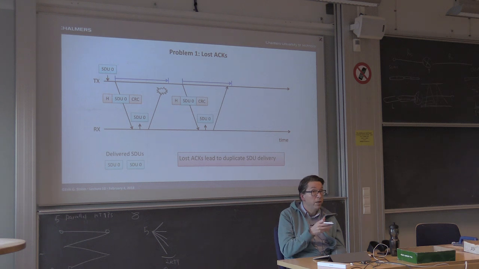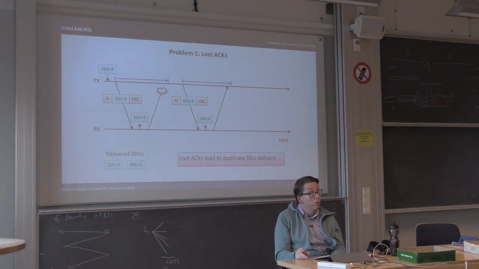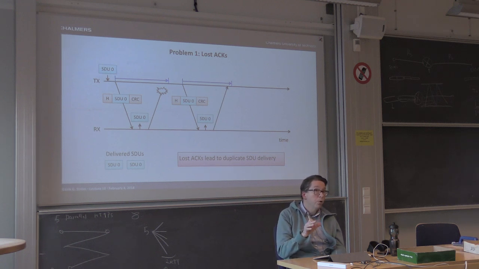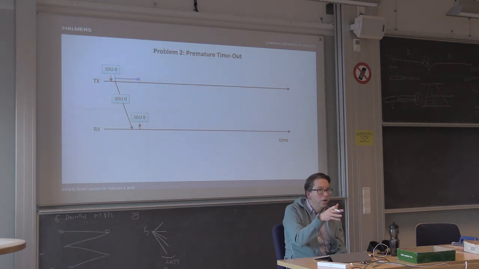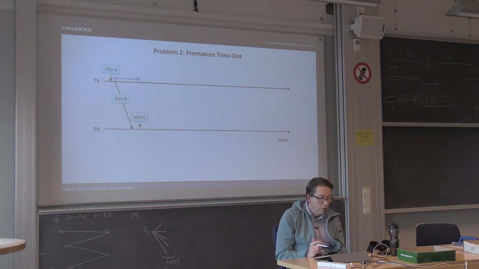Maybe there is a completely legitimate reason to have exactly the same service data unit twice in a row, right? You don't know. And as a matter of fact, a protocol should never rely on the content of a service data unit in order to do its job. Okay, so that's a fundamental rule in protocols. It's also violated sometimes, right? But we should really not do that. Okay, and we're going to see how we can save this with some header information later on.